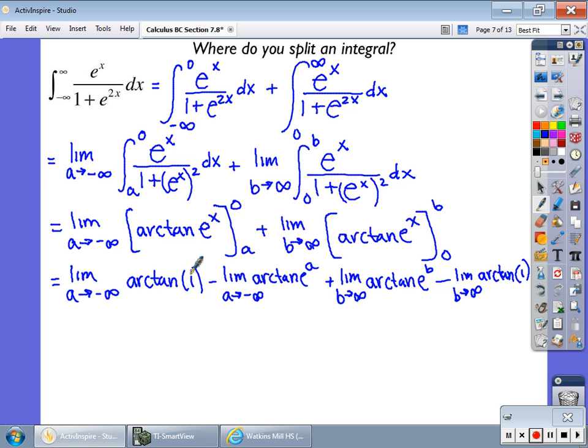Well, here we're thinking about the angle whose tangent is 1. And for arctangent, recall that your answers are going to come from negative pi over 2 to pi over 2. So the angle whose tangent is 1 is going to be pi over 4. So the limit as a approaches negative infinity of pi over 4 is just pi over 4.